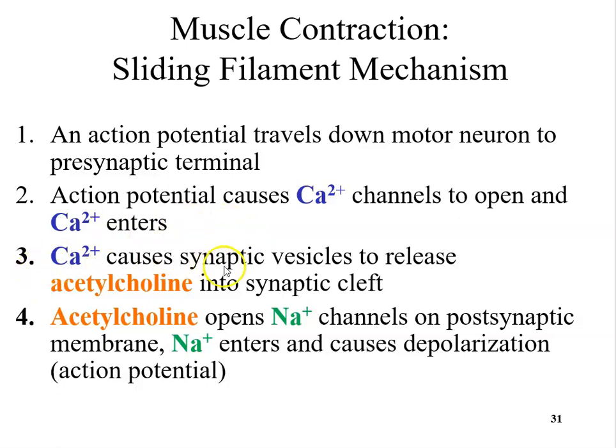This triggers those synaptic vesicles to release the neurotransmitter acetylcholine into the cleft, the ferry, which then unlocks those sodium-gated channels on the postsynaptic membrane, the sarcolemma, which allows sodium to rush in, making the cell more positive, causing the depolarization of the action potential. So these are all the steps we just talked about, all review.